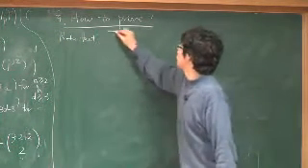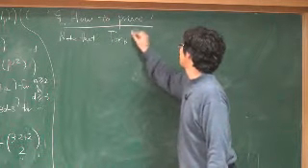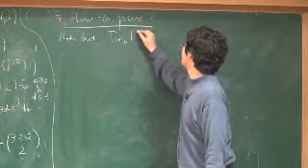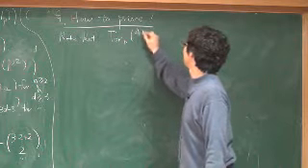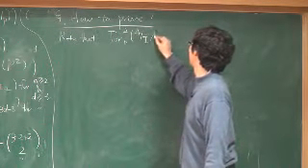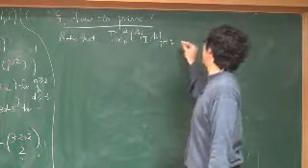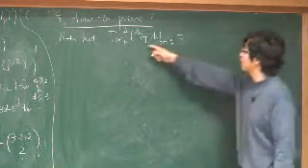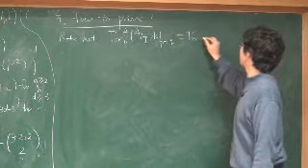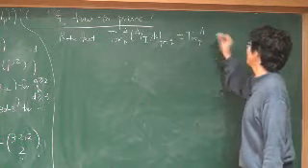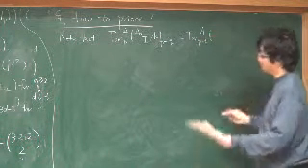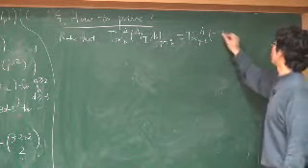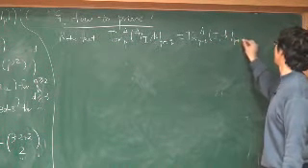For example, if you consider the minimal free resolution of this one and the ideal, then we have the following relation between this and this.